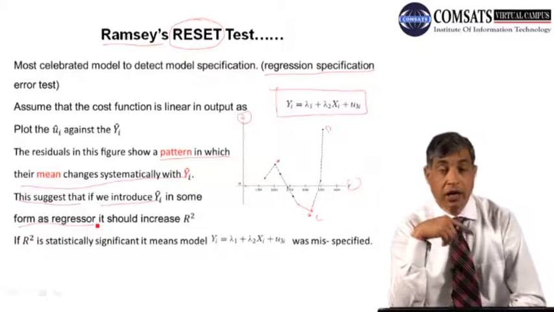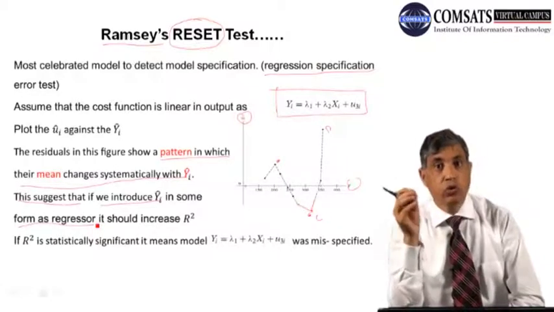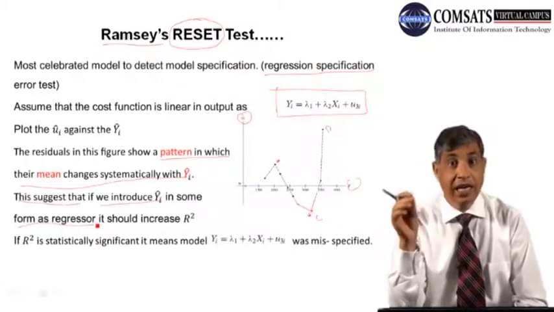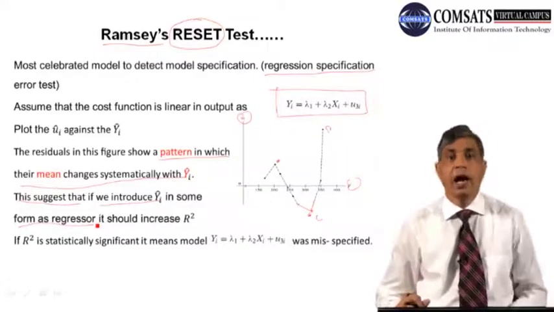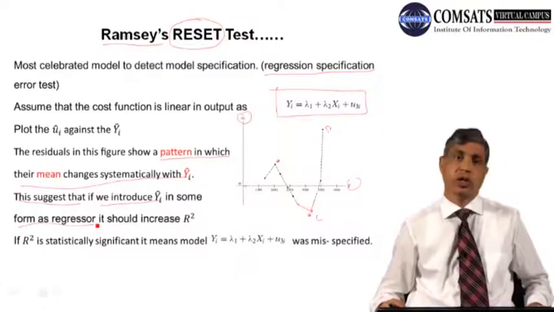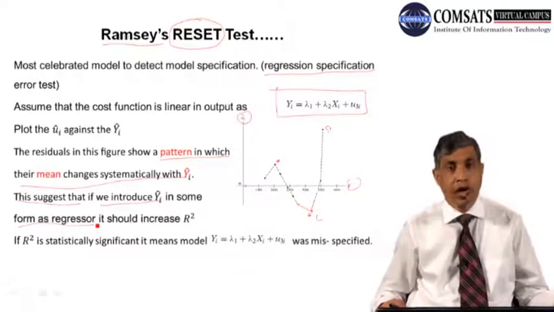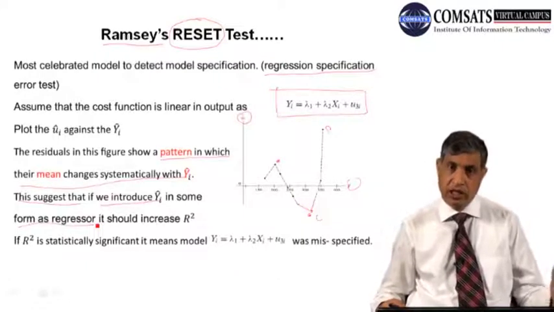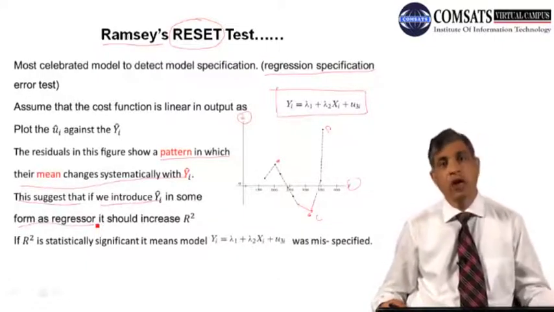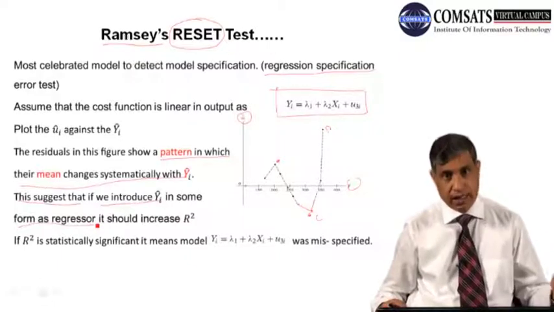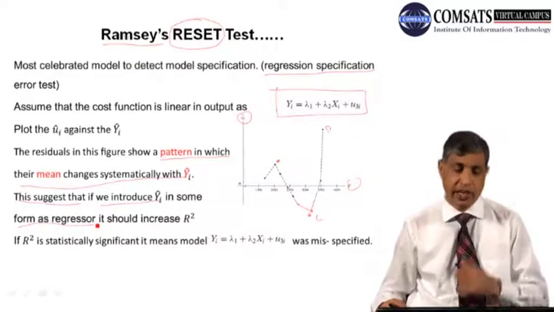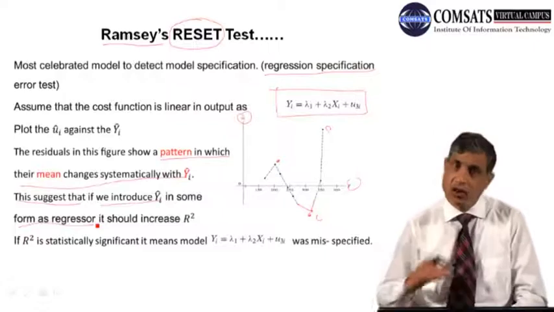Now we include yi hat as an independent variable, and in which form is up to the researcher. You can introduce yi hat only, yi hat square, yi hat cube, it is up to you.